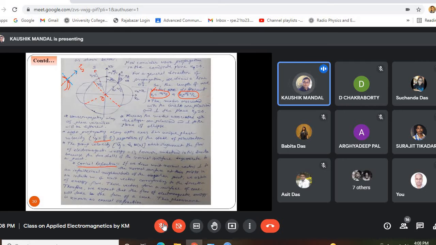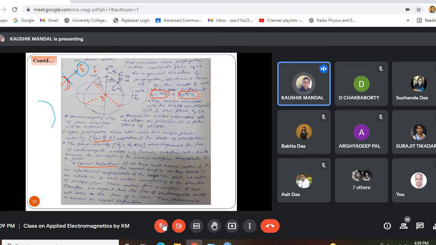So to draw the direction of energy flow, or basically to draw the unit vector for any arbitrary surface, I think we have discussed it in the basics of EM theory. For any arbitrary surface, how can you draw the unit vector?